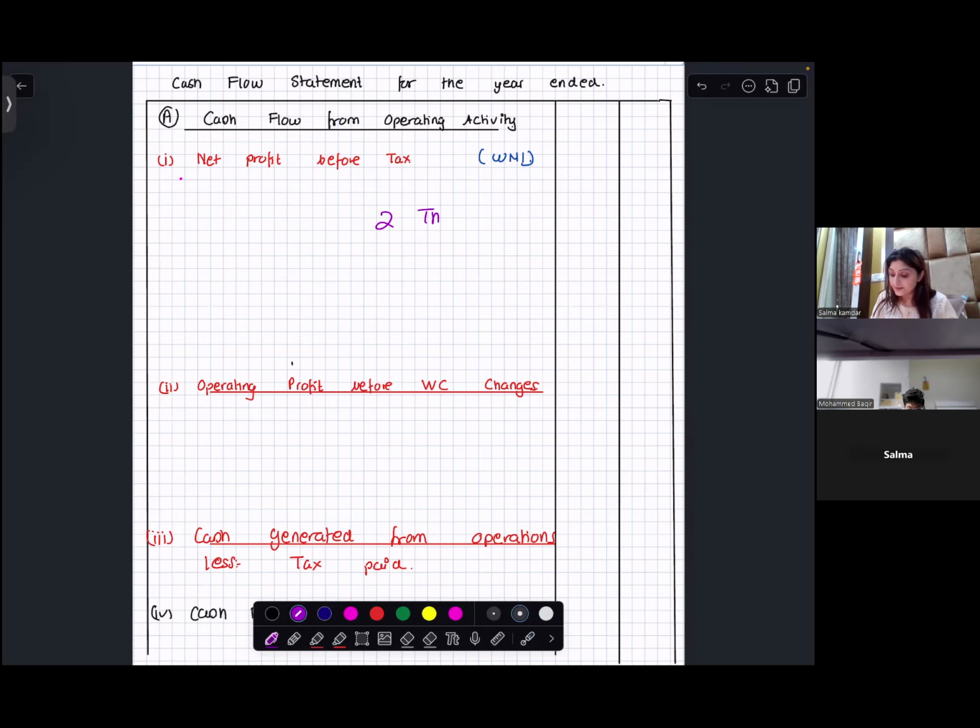Here two things related to asset come. What are the two things related to assets? One is depreciation and one is profit or loss on sale of asset. How do you get depreciation?